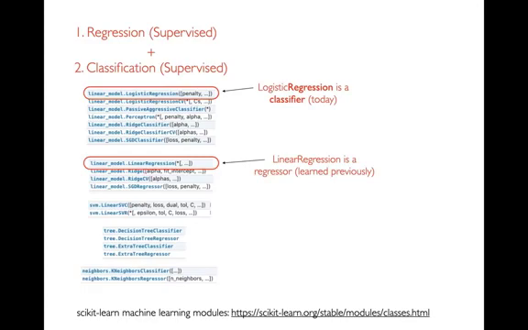Very confusingly, what we're going to be learning now is called logistic regression, and it is not a regression. It's actually a classifier. So the name says regression, but it's a classifier. So don't get confused. Even though we're learning linear regression and logistic regression, I am teaching you a regression model and then also a classification model.